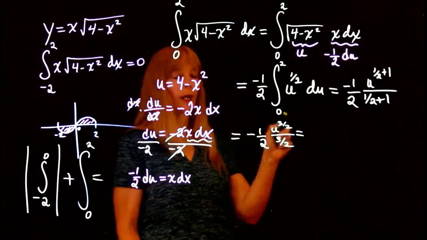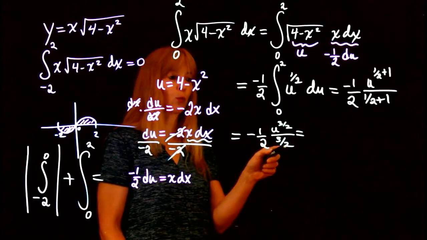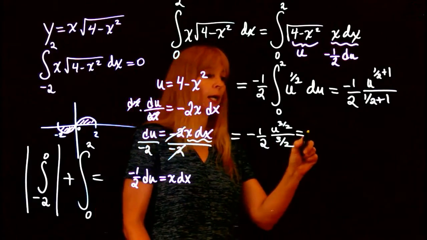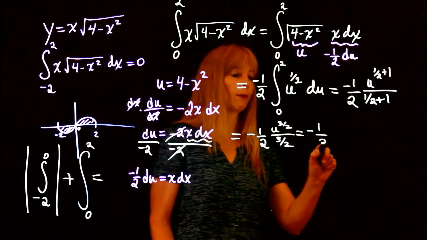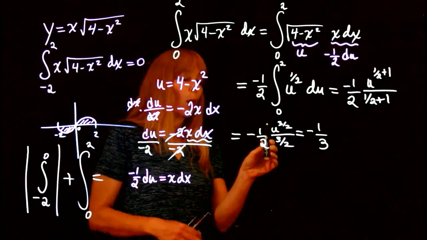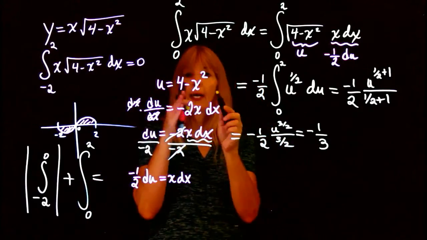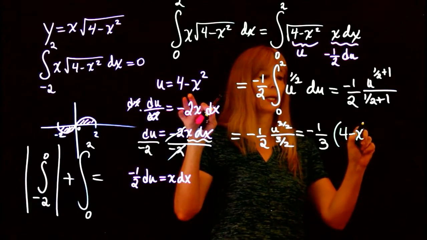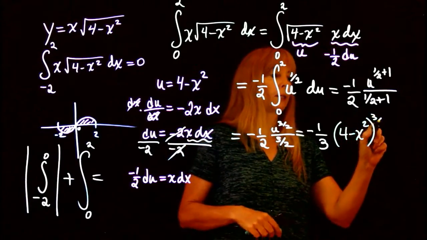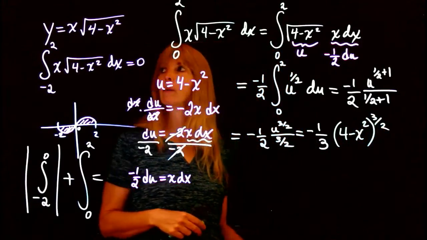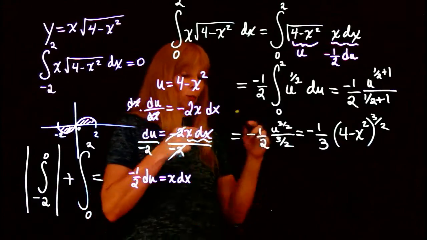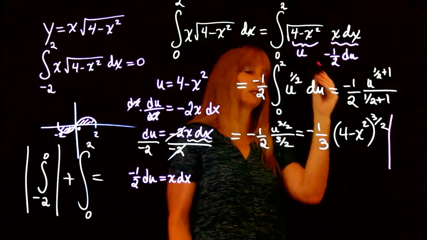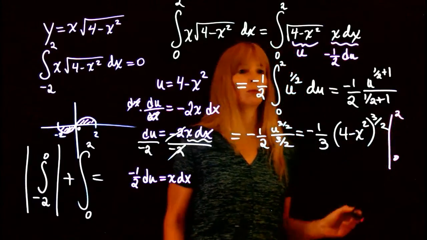If I flip, because when you divide fractions, you flip and multiply, the 2's are going to cancel and you're going to be left with a negative 1/3. Where I see u, let's go ahead and put u back in, which is 4 minus x squared. And please don't forget that 3/2 power. All right, so now I'm to the point that I can evaluate this from 0 to 2.